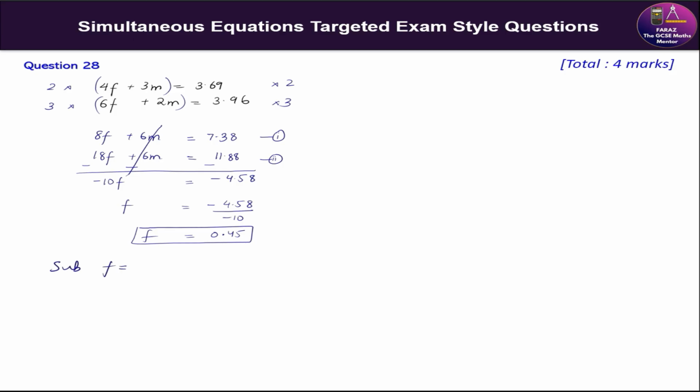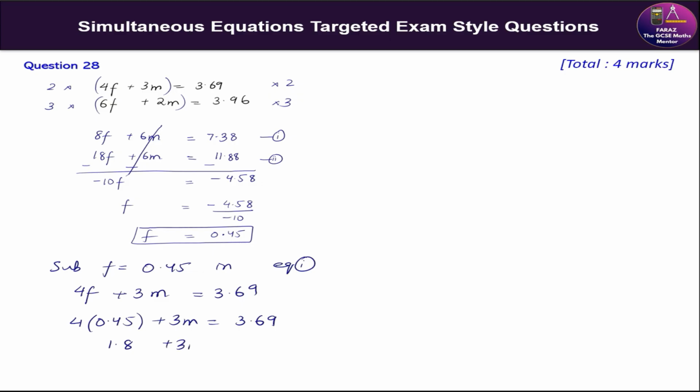Substitute f equals 0.45 in any of the above equations, let's say equation number 1, to find the value of m. So it is 4 times 0.45 plus 3m equals 3.69, and 4 times 0.45 is 1.8, so 1.8 plus 3m equals 3.69.